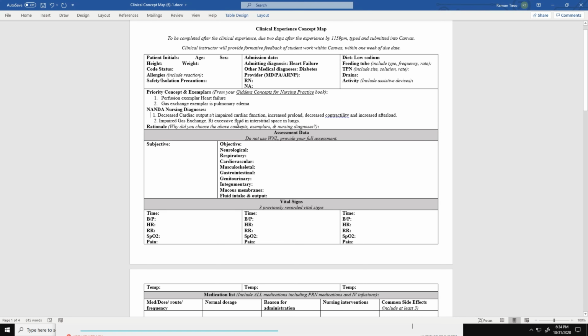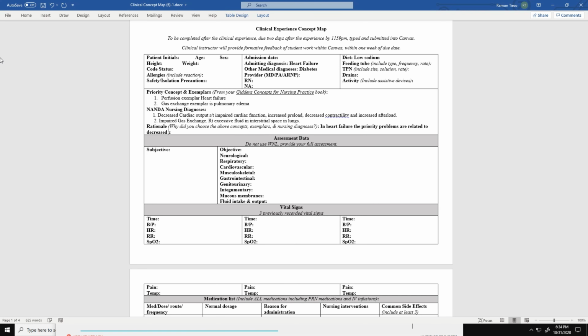And then the rationale. You want to put why you chose those things. In heart failure, the priority problems are related to decreased cardiac output and decreased perfusion.